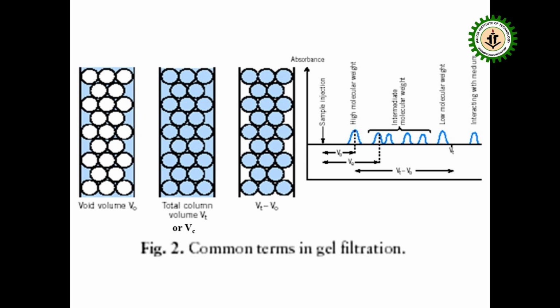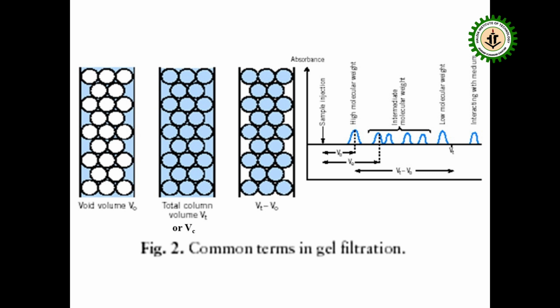The next picture shows the gel filtration chromatography elution profile. At V0 are the high molecular weight species, which are excluded completely from the column and eluted first.